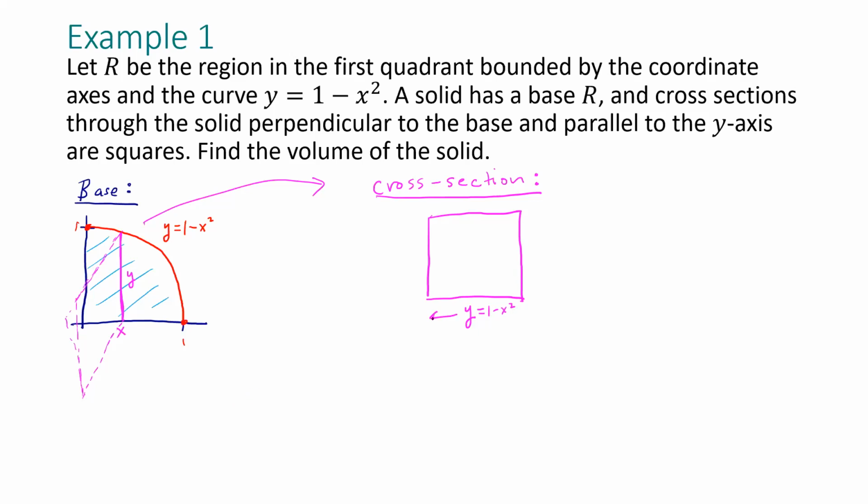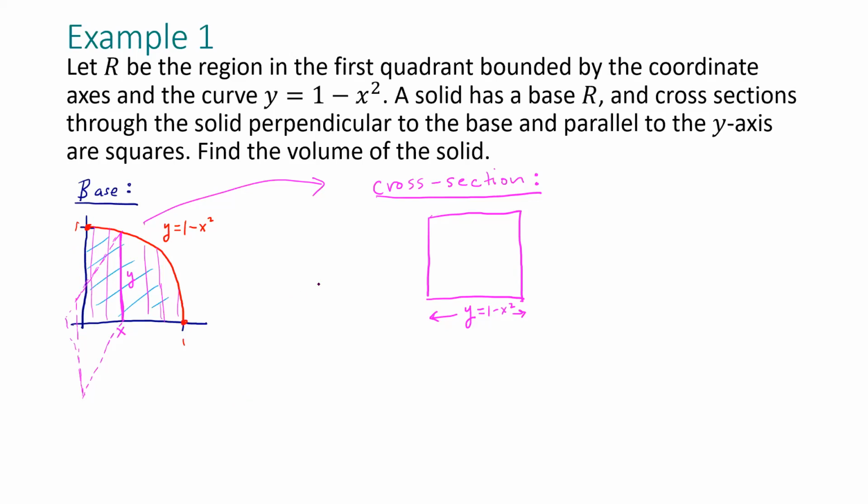So that tells us the length of the sides of our square. If we do that at every point along here from one end to the other, basically all the slices going from x equals 0 to x equals 1 will form our solid.